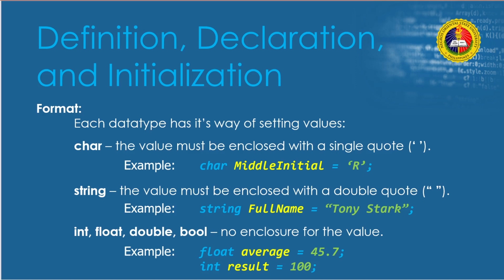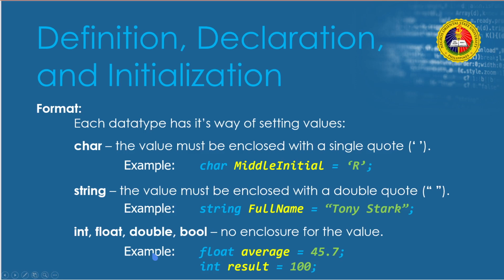If multiple, double quote. The best way to memorize it: since we know that char will only store one single character, then one single quotation. Since string can store multiple letters, then it's going to be two quotations. I think that's the best way to memorize it.